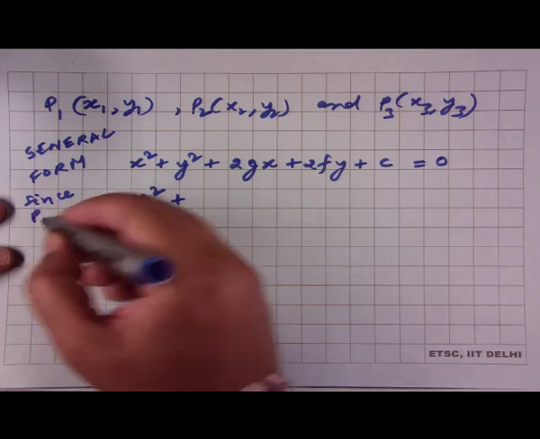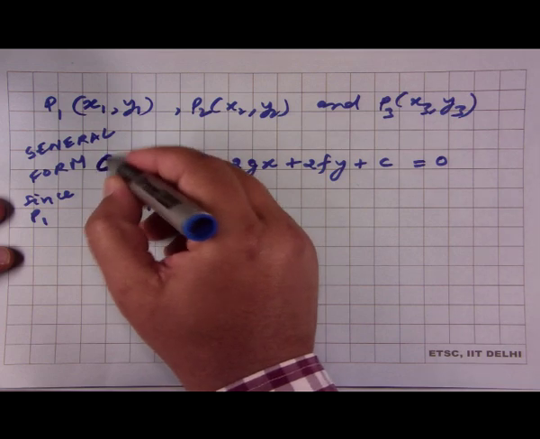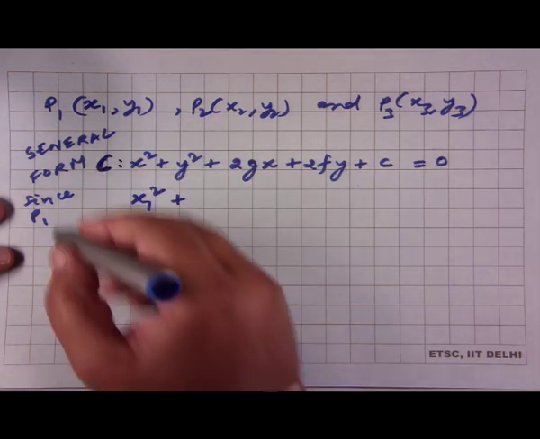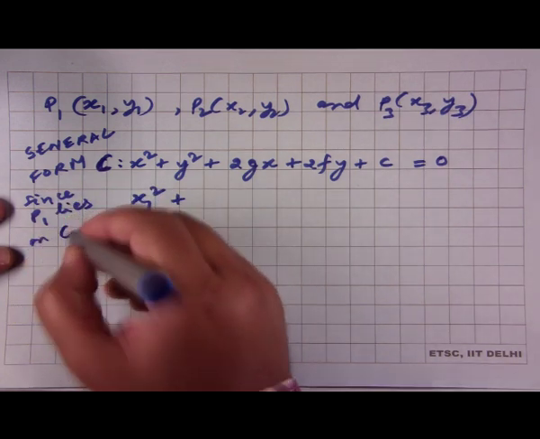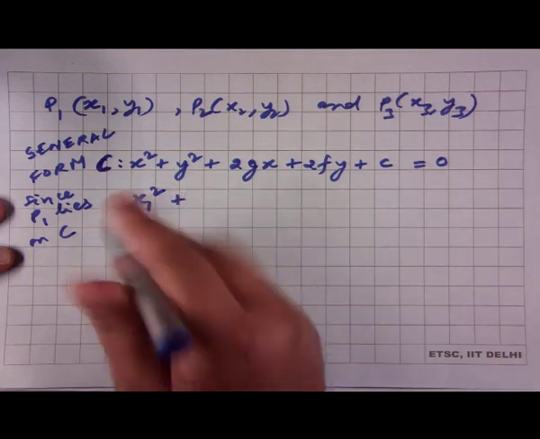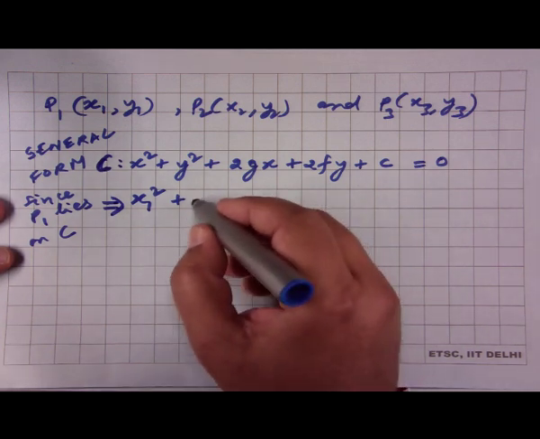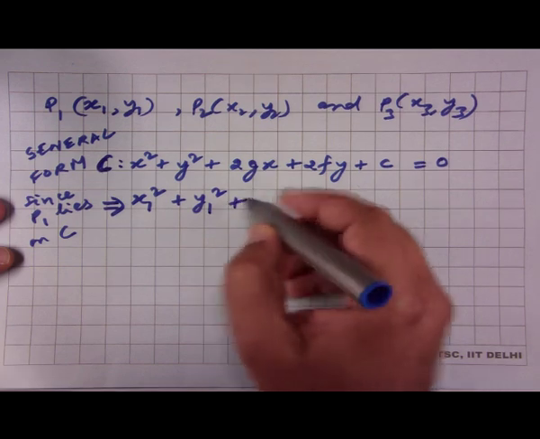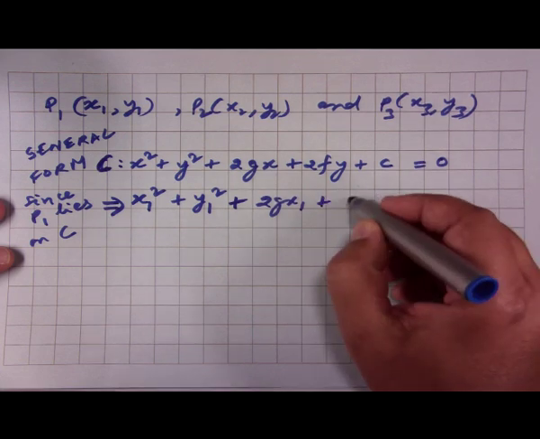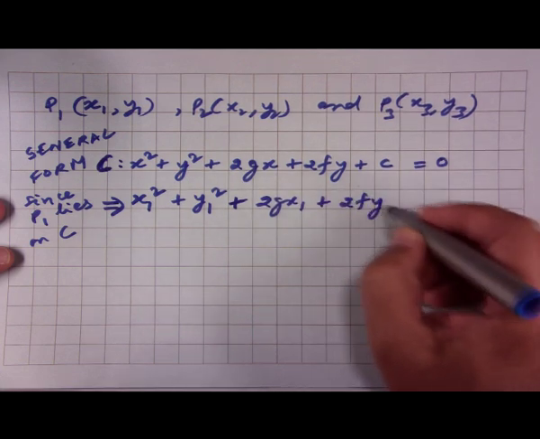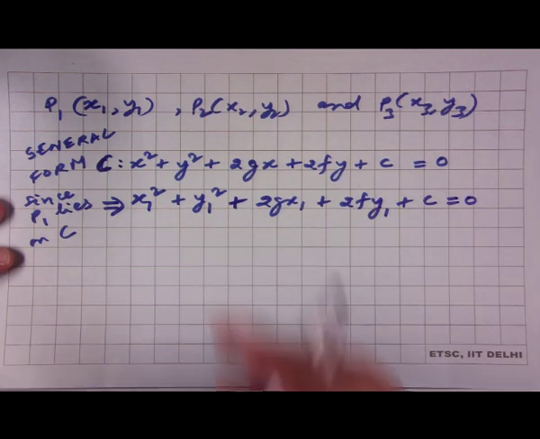So this is the circle capital C. Since P1 lies on C, it follows that x1 square plus y1 square plus 2g x1 plus 2f y1 plus c equals 0.